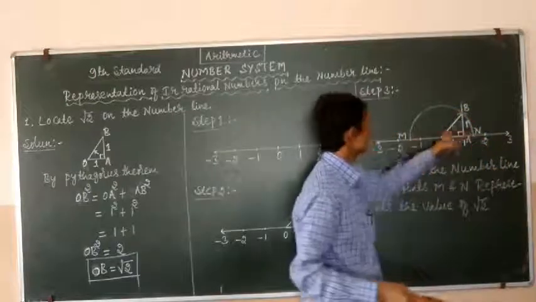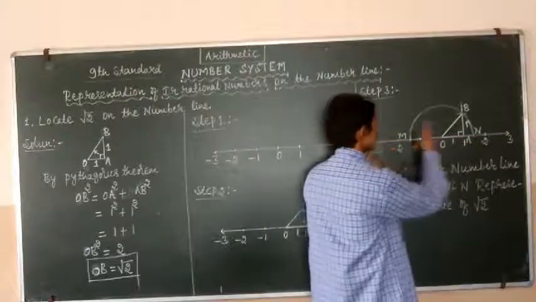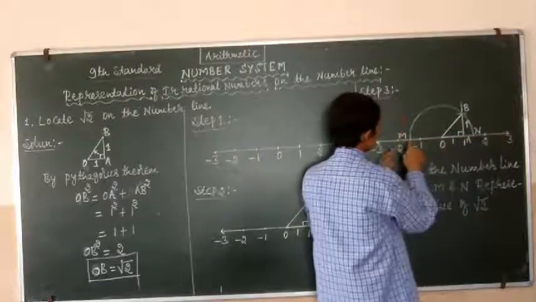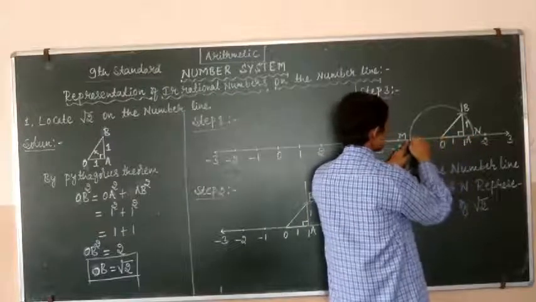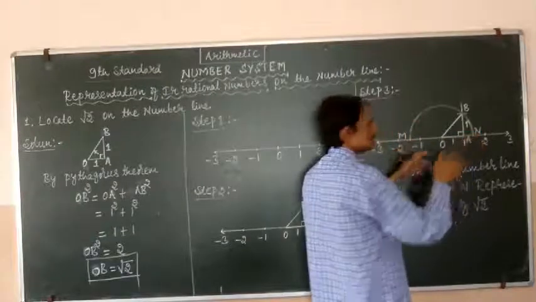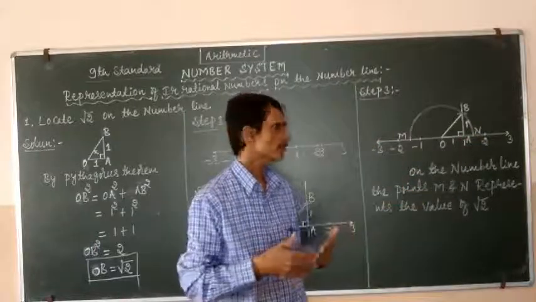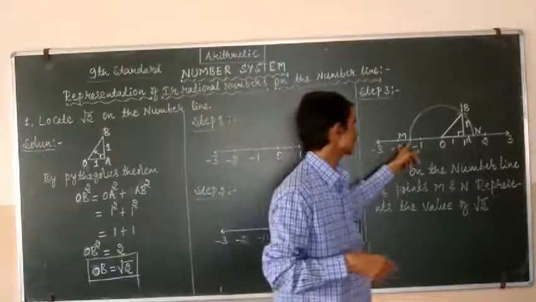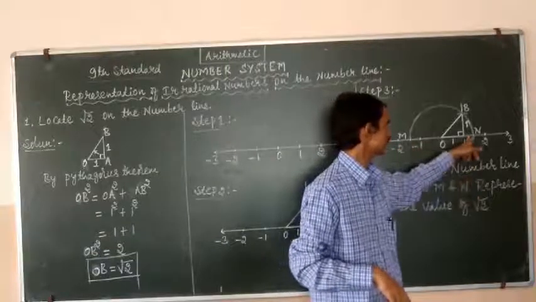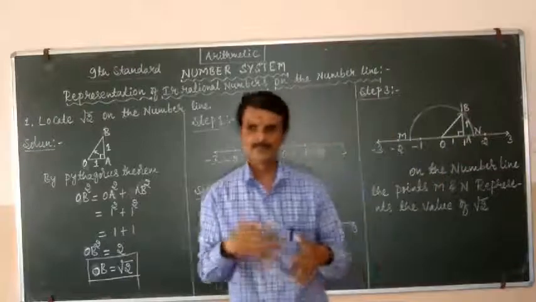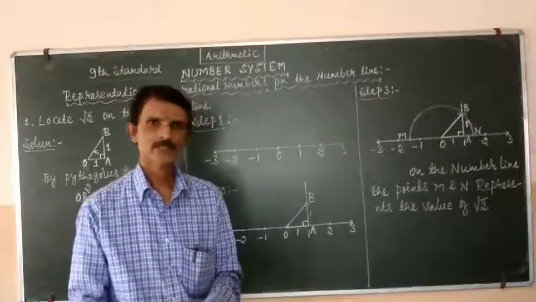This semicircle intersects the number line in two different points M and N, which represent the value of root 2. M represents the negative value of root 2 and N represents the positive value. Okay, students?